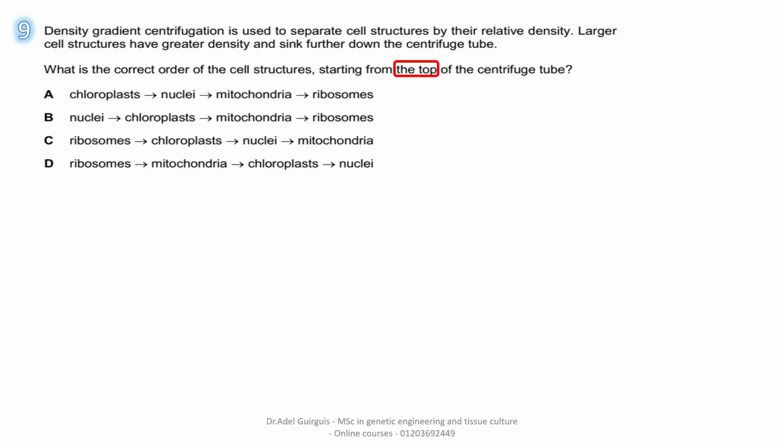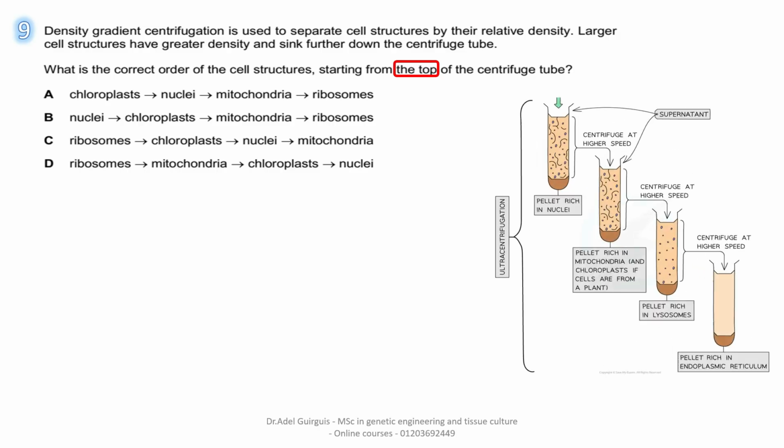This technique is called cell fractionation by using ultracentrifugation by a certain device called a centrifuge. The principle of the centrifuge is the density of particles found in the centrifuge tube.